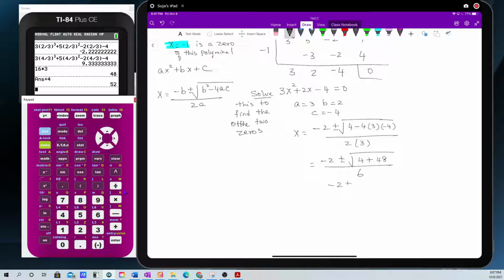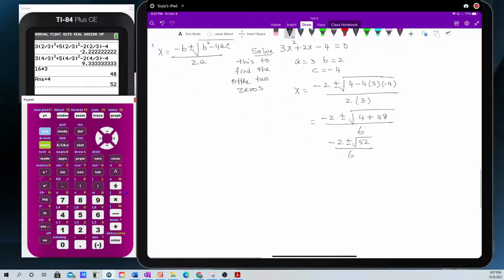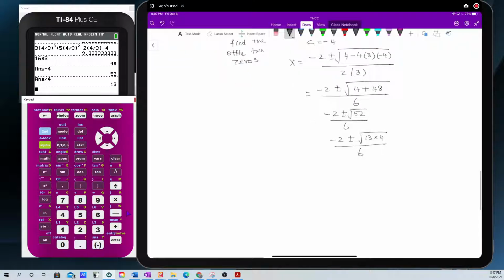Again, I cannot use decimals in this problem, so I have to go through this process. So negative 2 plus or minus, now square root of 52 can be broken into, I think 52 divided by 4, which is 13 times 4, over 6. So I would go negative 2 plus or minus 2 root 13 over 6.